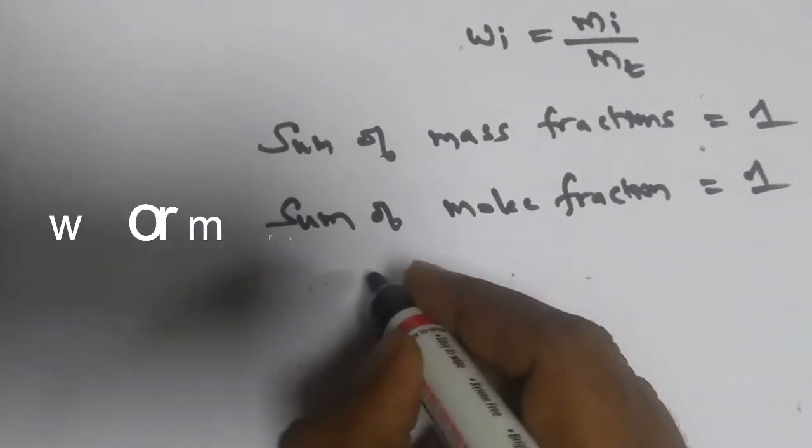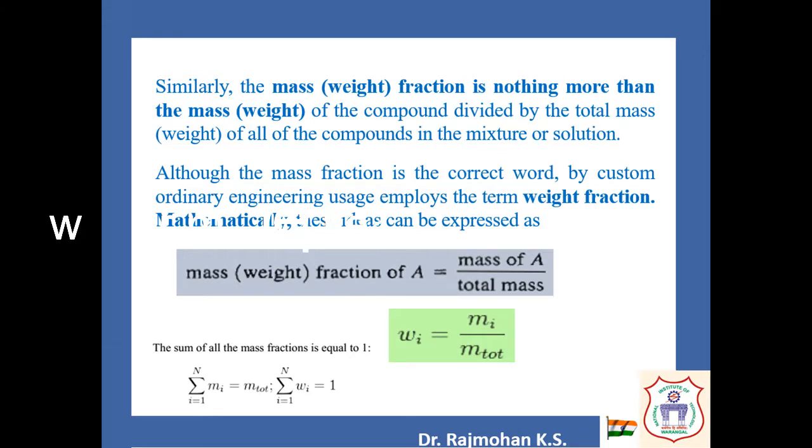What we are saying is, summation of xi, i equal to 1 to n, is equal to 1. Similarly, the summation of weight fractions should be equal to 1.